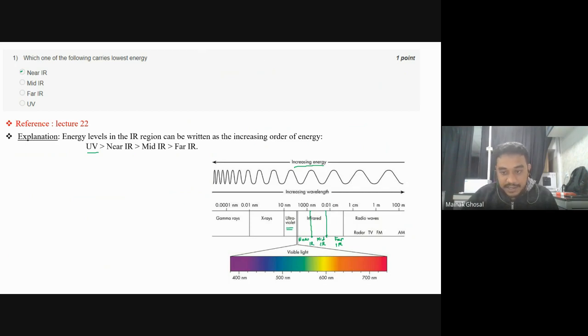Next will be the mid IR region, and the topmost among these four is the far IR region, because your energy axis is increasing from right to left. So your left side will have more energy than the right side. So your answer will be that the far IR region has the lowest energy. Got it? Yes. Okay.